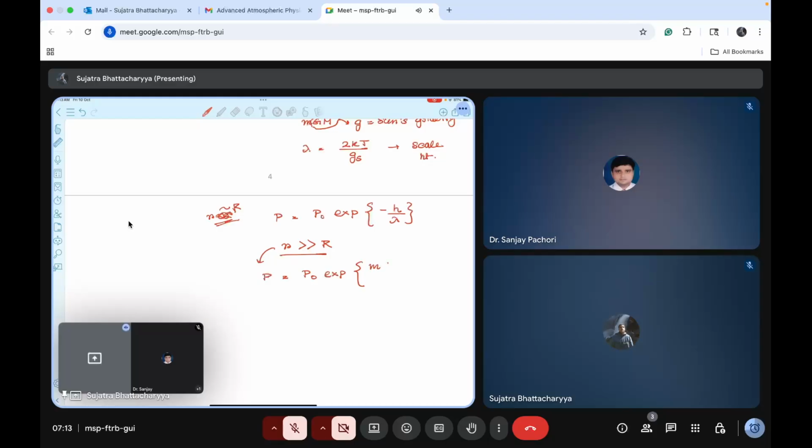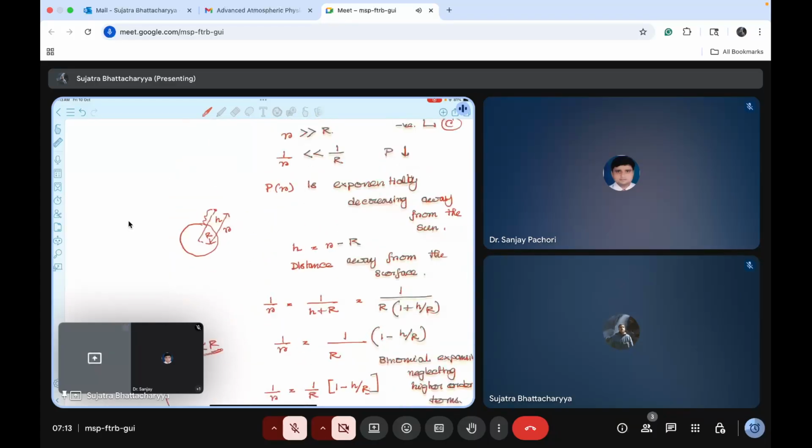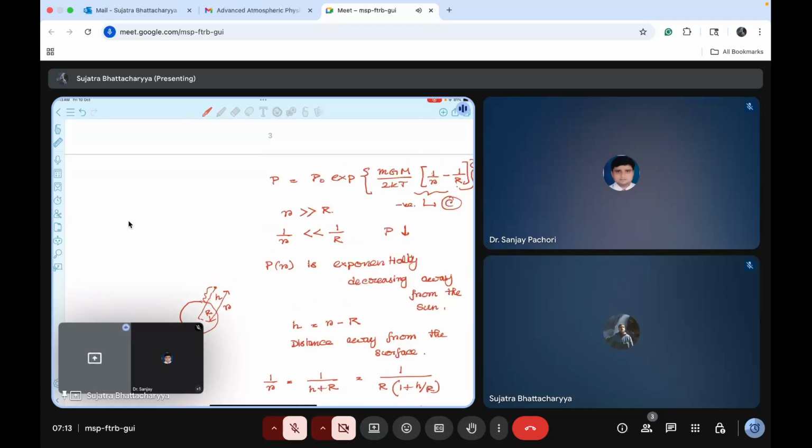Just look at the expression for P. So as R is large, 1 by R tends to 0, and hence we are getting this. So come to this expression here. 1 by R is tending to 0, so you are getting something like this.